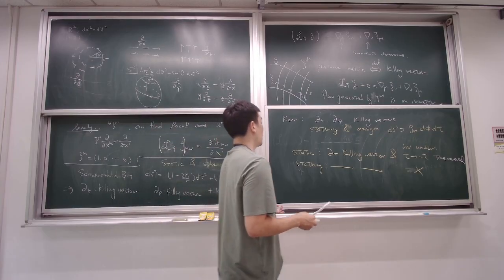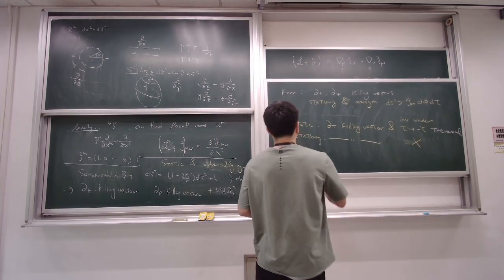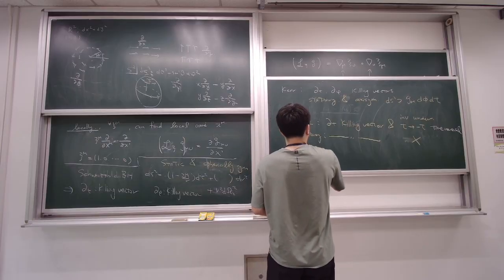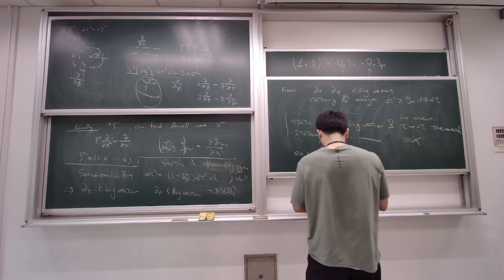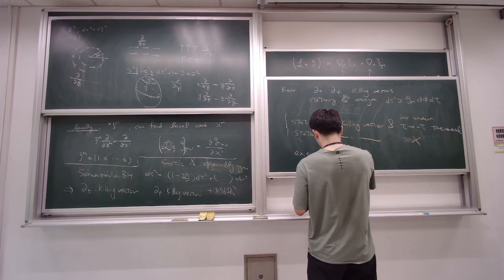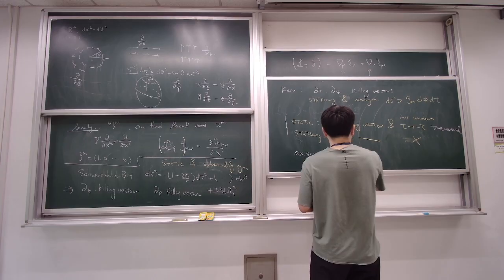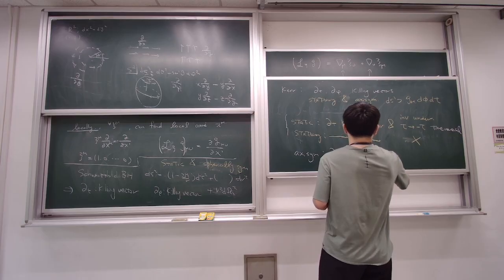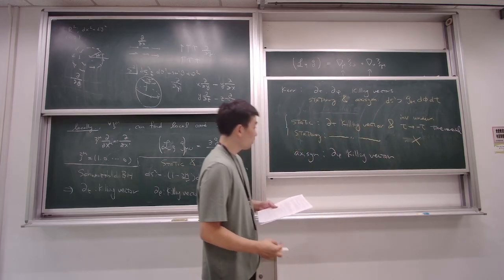And then, what was that? Axisymmetry is that delta phi is a Killing vector.